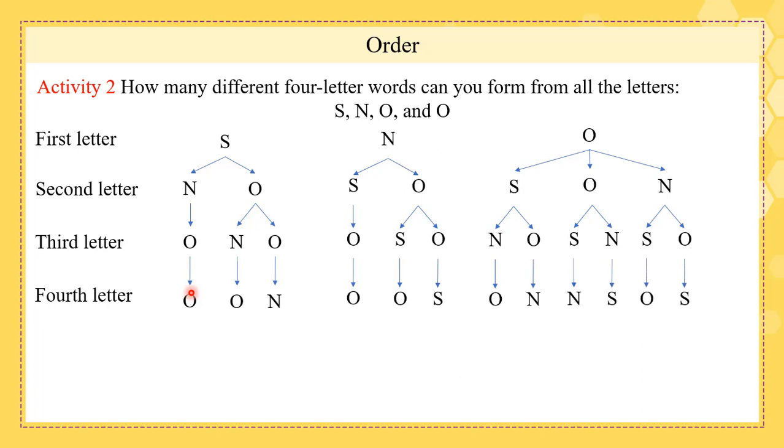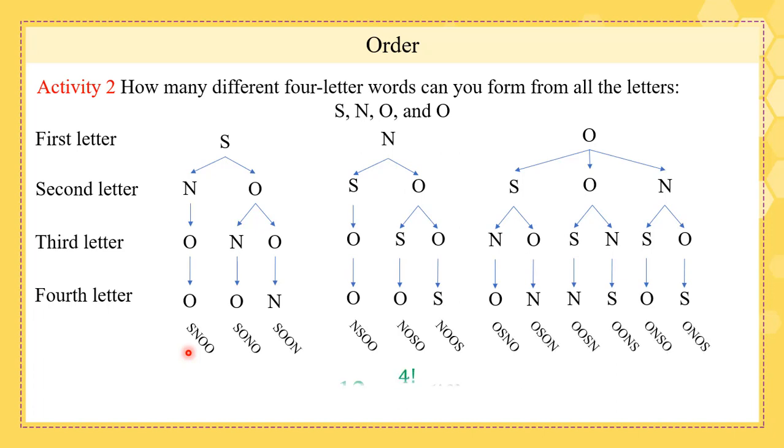Now we are not interested about the letters S, N, and O. We are interested about the number of words. So we will have this word, this is the second, the third, 6, 7, 8, 11, 12. We're going to have 12 words.